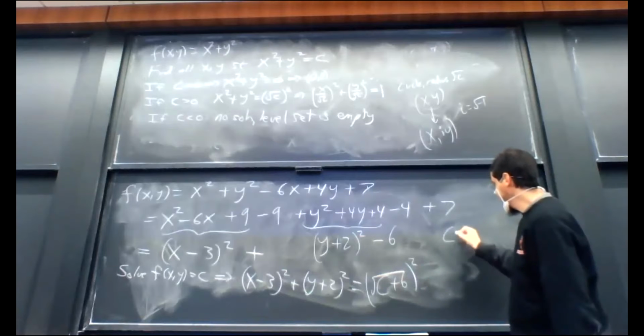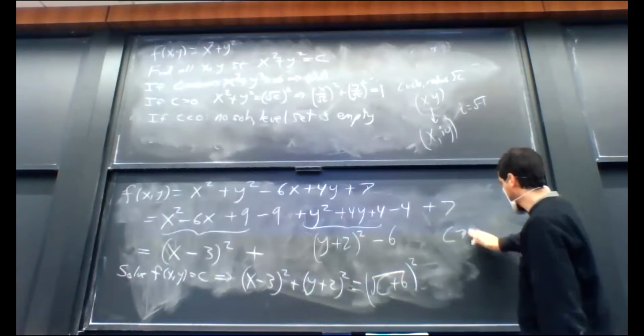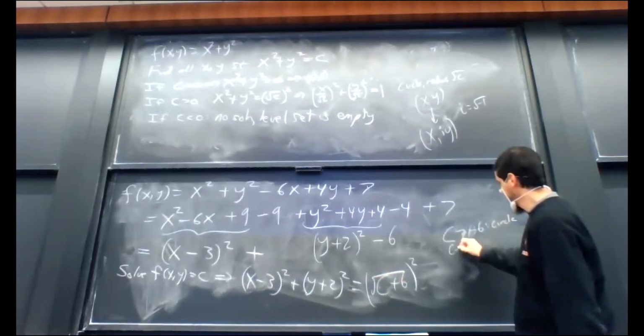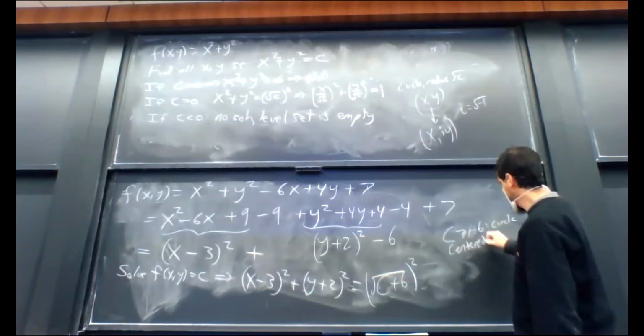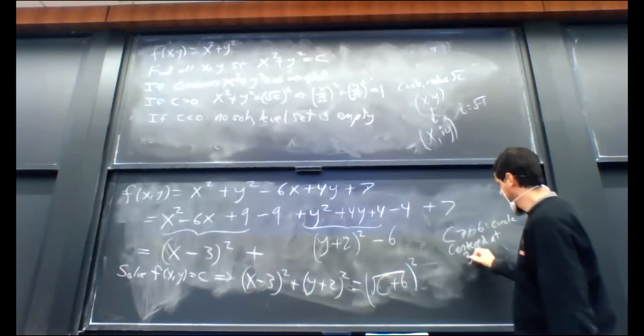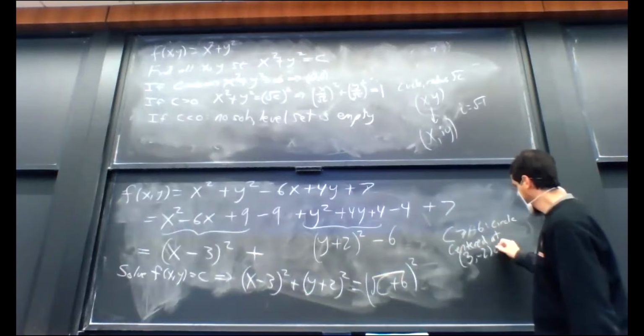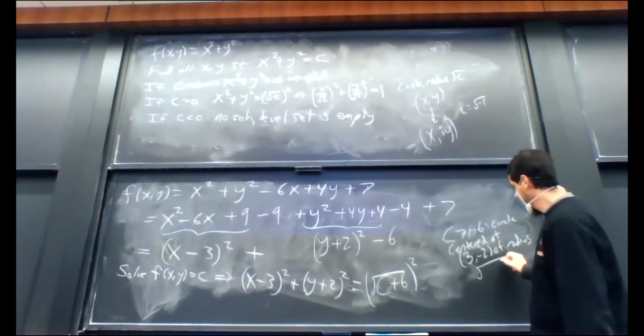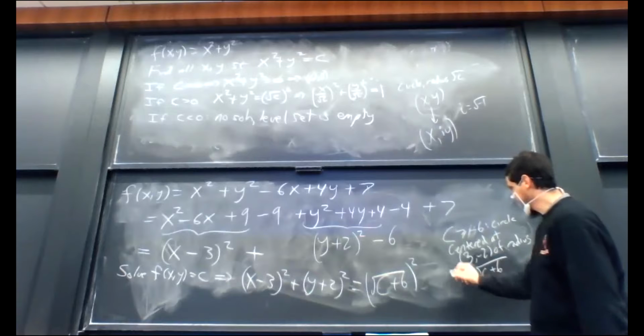So if c is greater than or equal to negative 6, you have a circle centered at 3, negative 2 of radius square root of c plus 6.